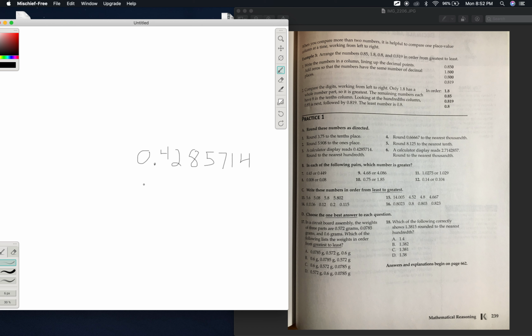So what we need to do is 0.4. Since this is 8, we need to change this to a 3. Okay, so 3, and don't worry about adding anything else here because these would all become zeros, and zeros don't matter.